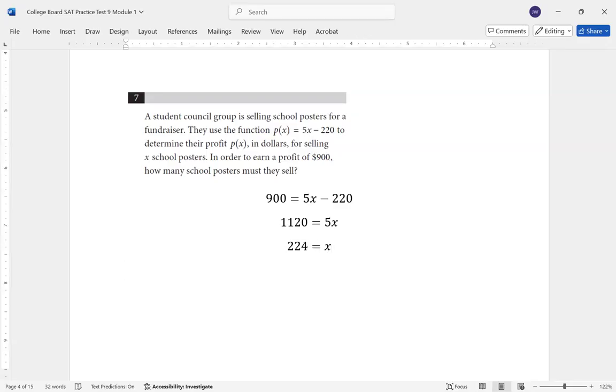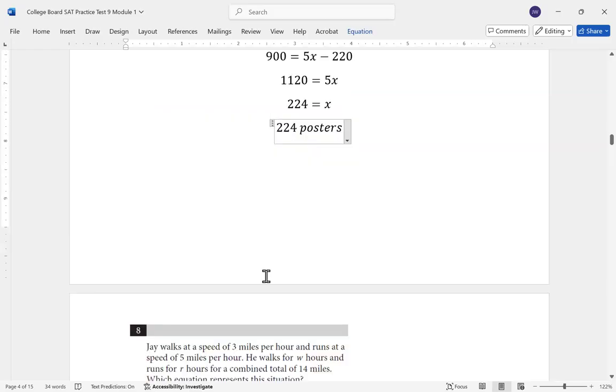So the answer to number 7, how many school posters must they sell, is they must sell 224 posters. So that's it. That's the whole thing. 224 is the answer to question 7.